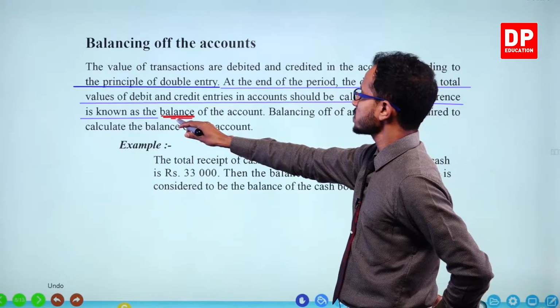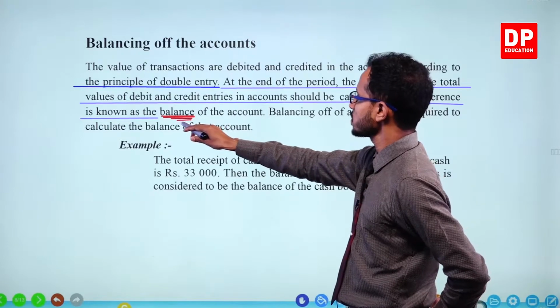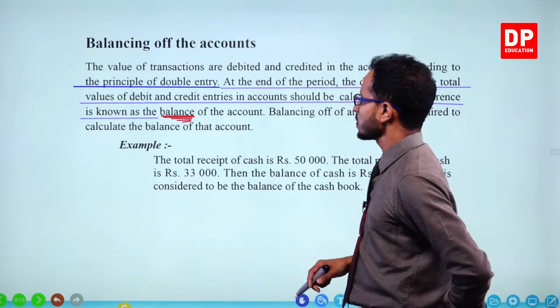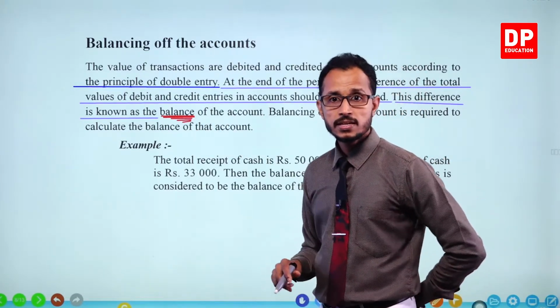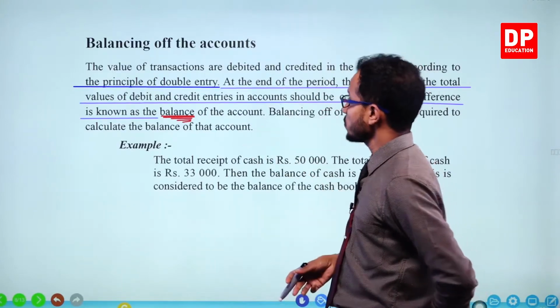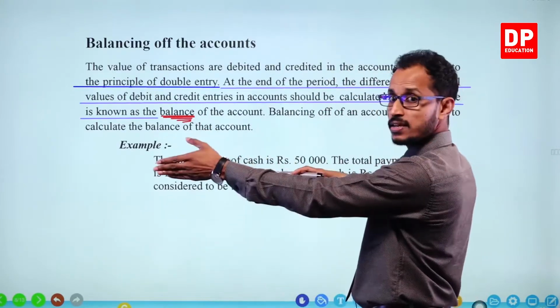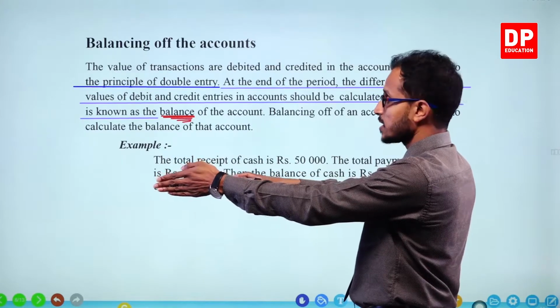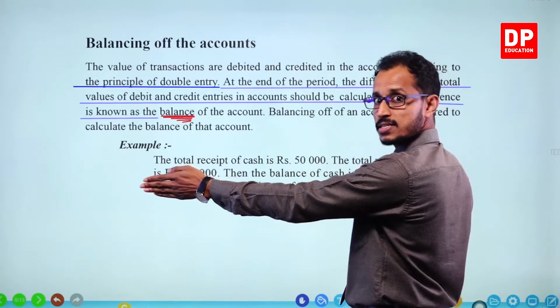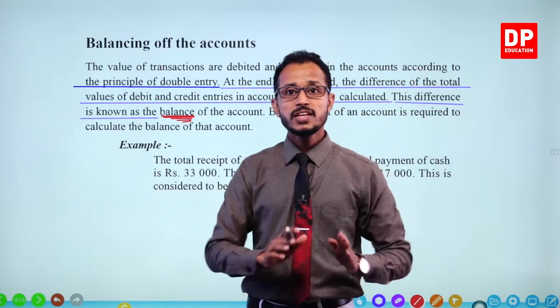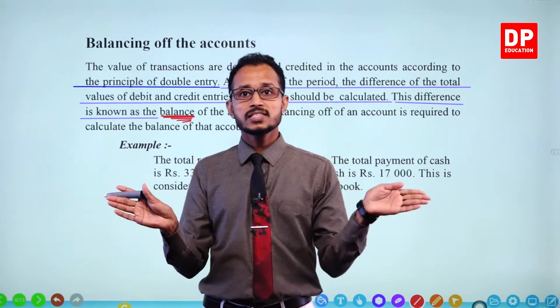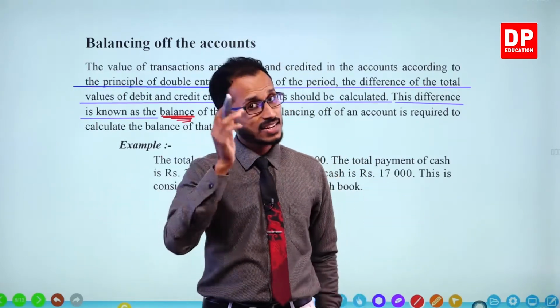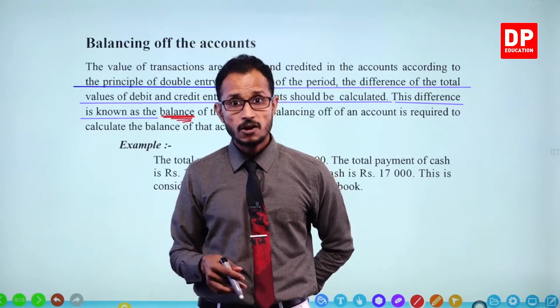Right? So the difference between the debit side and the credit side should be calculated, and that difference is known as the balance of that account.